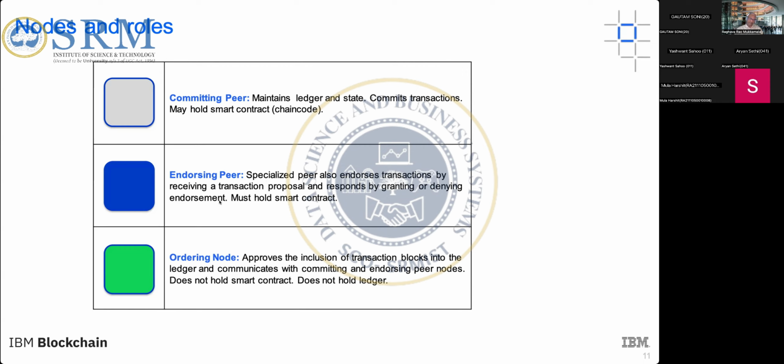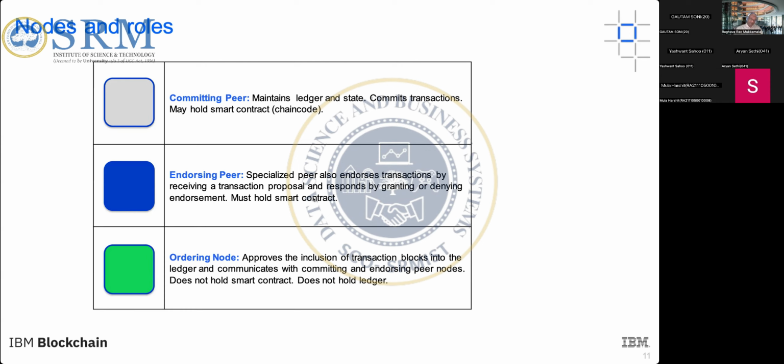These are the first checks, which will look into the transaction and decide whether it should be endorsed or not, that is, permitted or denied. These will definitely have the smart contracts, because the way they verify the transaction is by using the smart contracts.